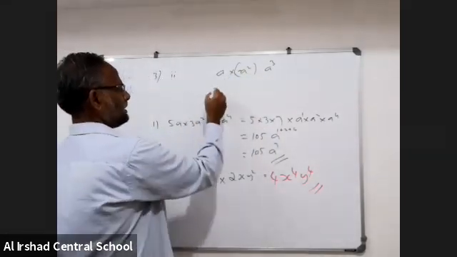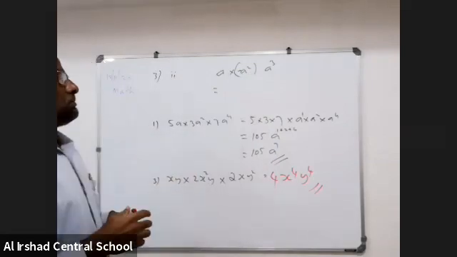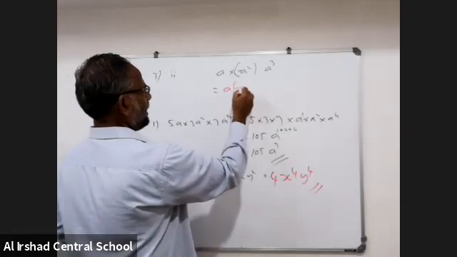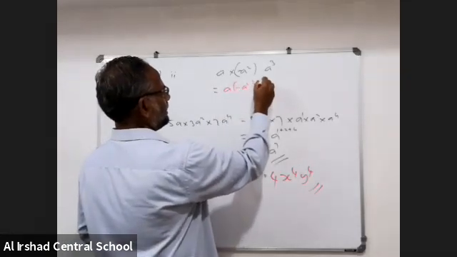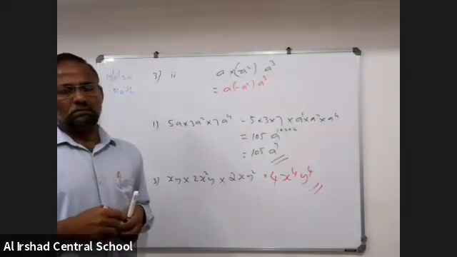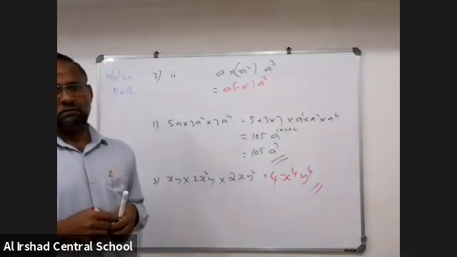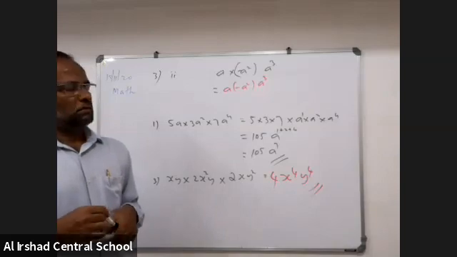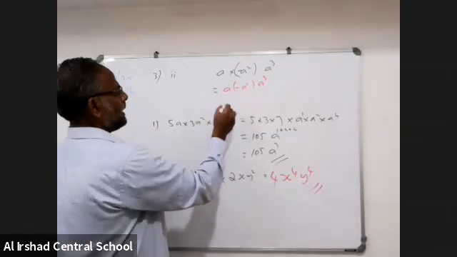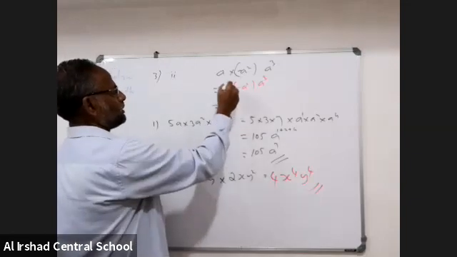So what is the answer here? I can write this one. A into minus a square into a cube. What is the answer? Look here. A to the power of 1.